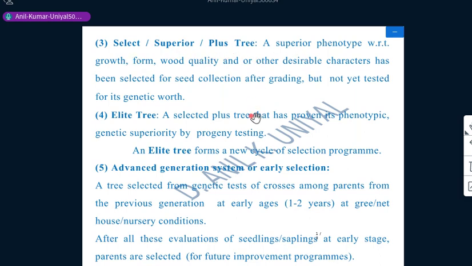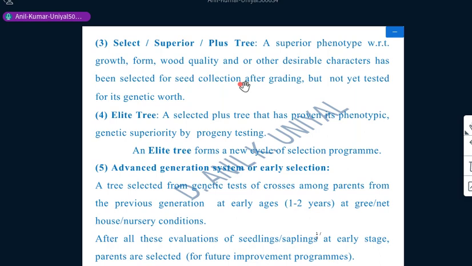Then we have the next step of single tree selection, that is, the elite tree. An elite tree is a selected plus tree that has proven its phenotypic as well as genotypic superiority by progeny testing, and this step is taken quite a long time after the plus trees. Seeds from these plus trees are brought from the field to our research field, and separate progeny trials are laid.